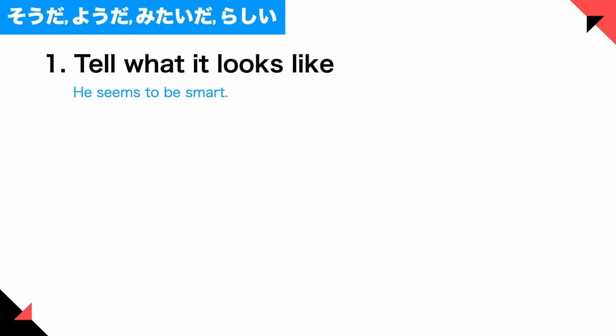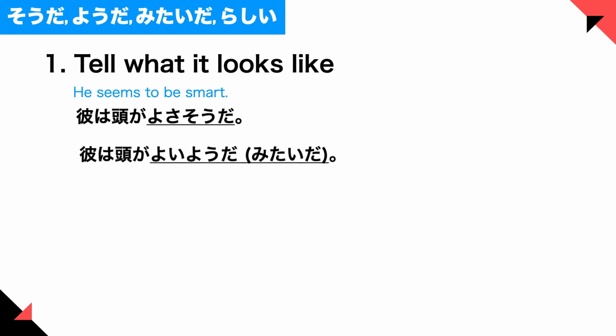In this slide, I want to say there are two big meanings in そうだ, ようだ, みたいだ, and らしい. First meaning, tell what it looks like. So, example sentence, he seems to be smart. How can we say this? Well, we can say, 彼は頭が良さそうだ。He seems to be smart.